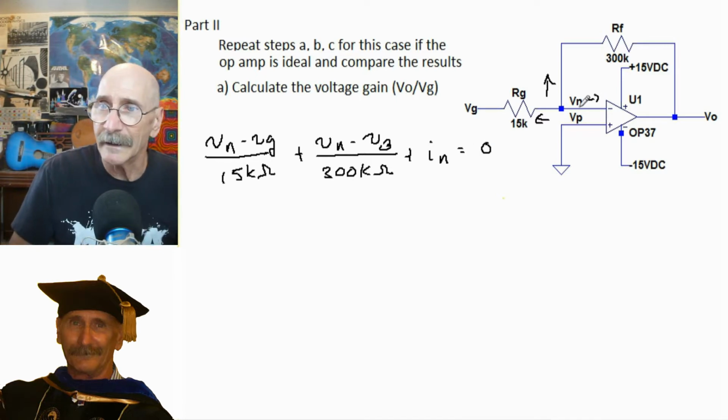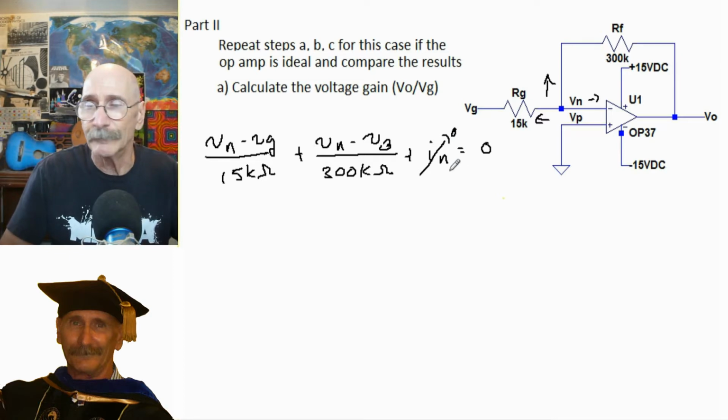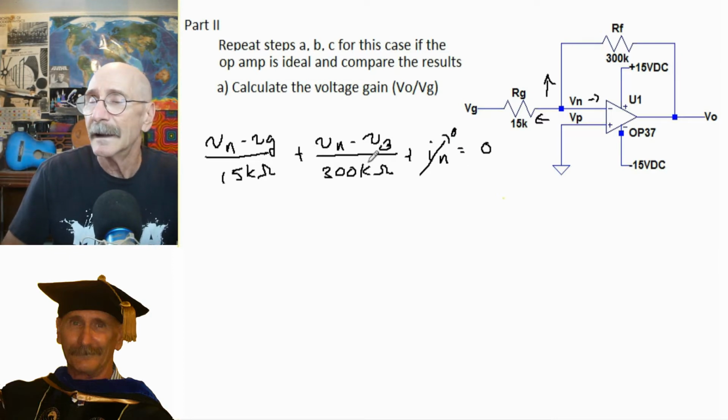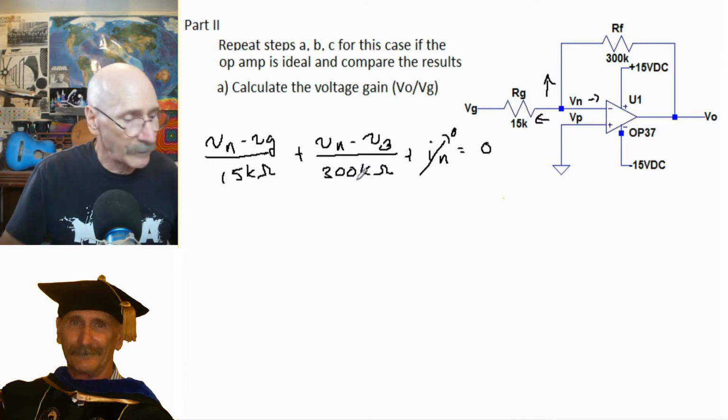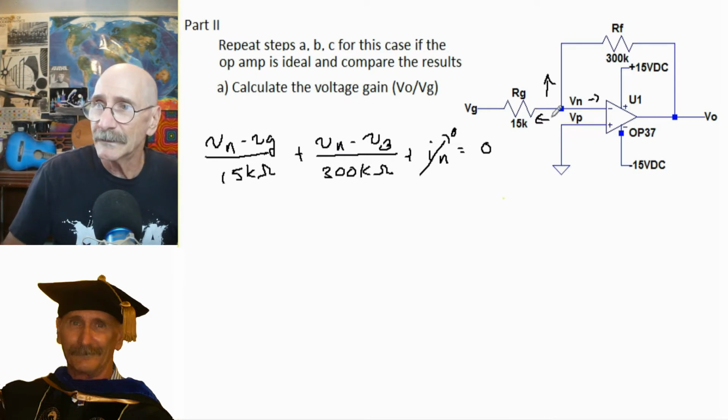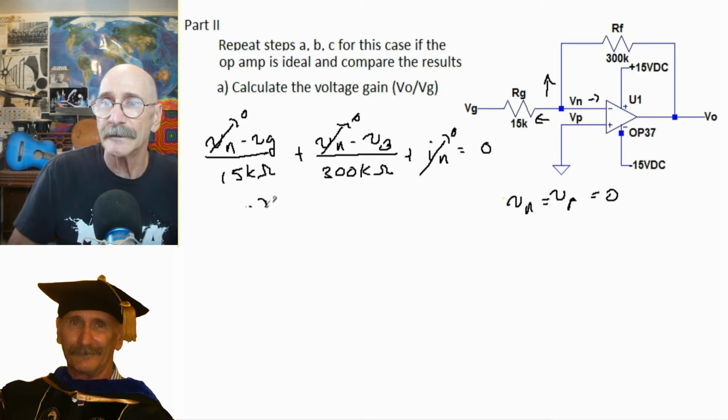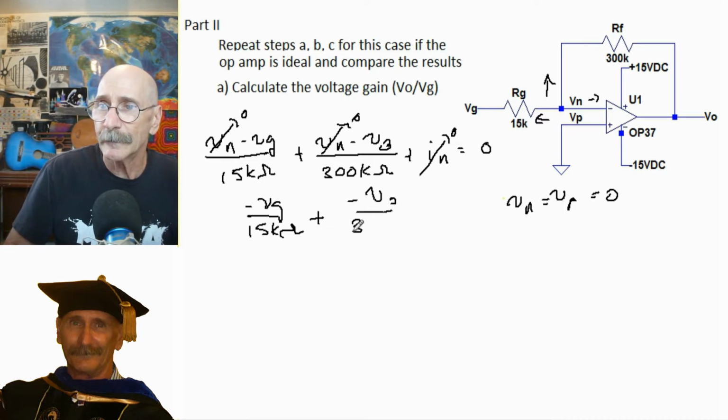In this case, the I in is just going to be equal to 0, so it's not going to do anything. And we can get a solution pretty quickly. Since this is ideal, V in equals VP and VP equals 0. So this also goes away, simplifying our problem. We get minus VG over 15k ohms plus minus V out over 300k ohms, and that's equal to 0.